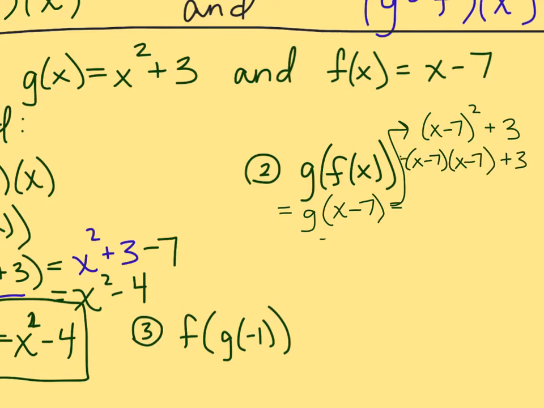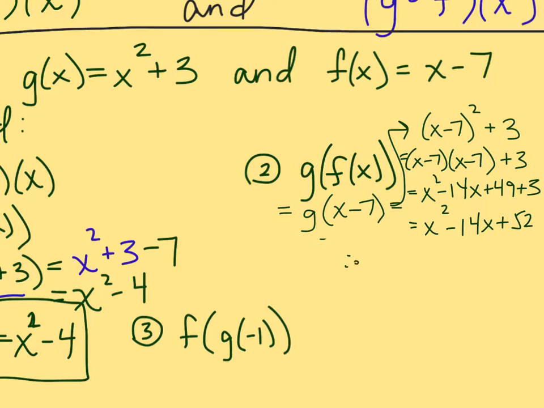When we FOIL it or just multiply, we'll get x squared minus 7x minus 7x plus 49 and then plus 3. So we'll end up with x squared minus 14x plus 52.